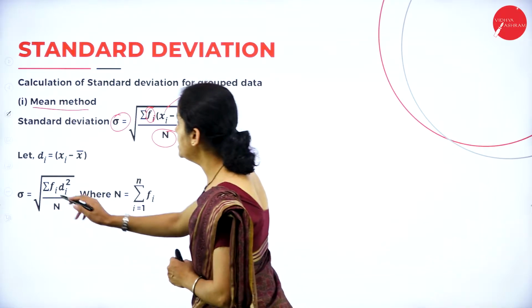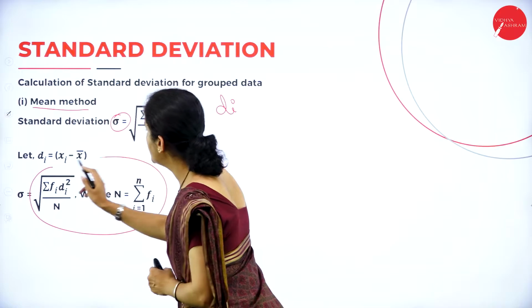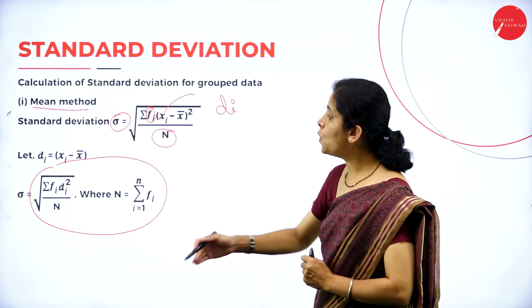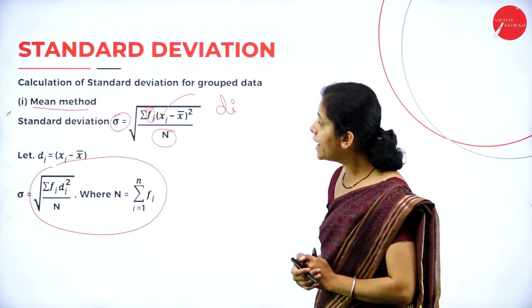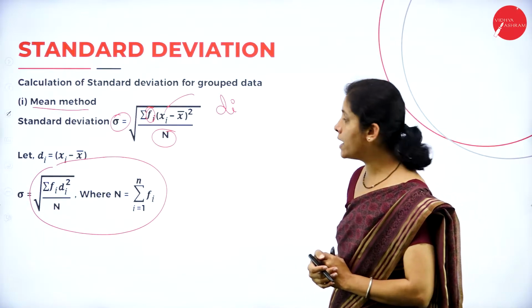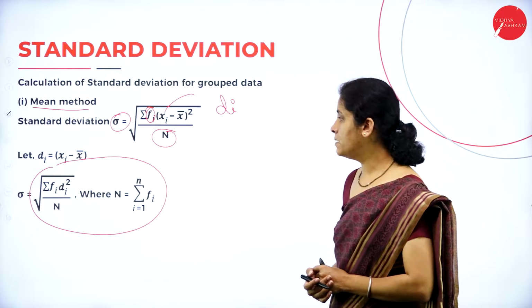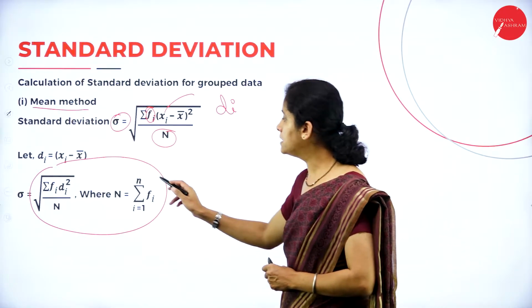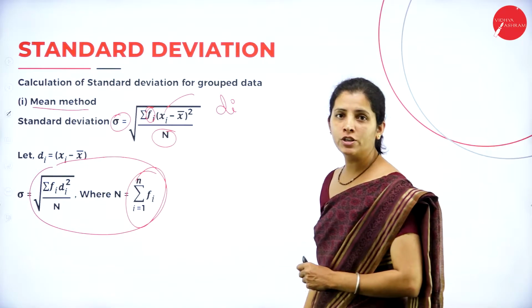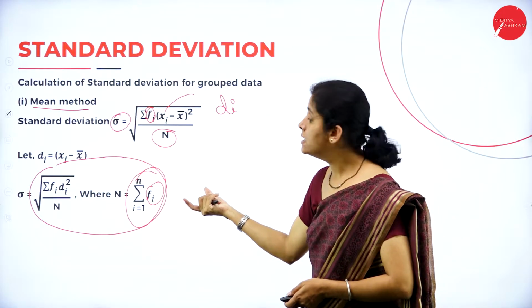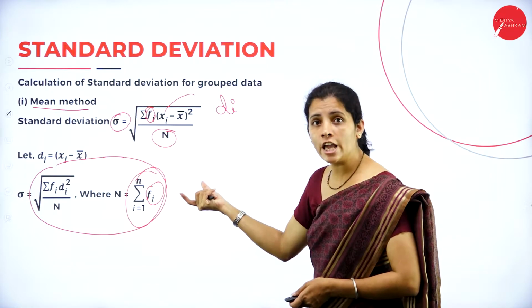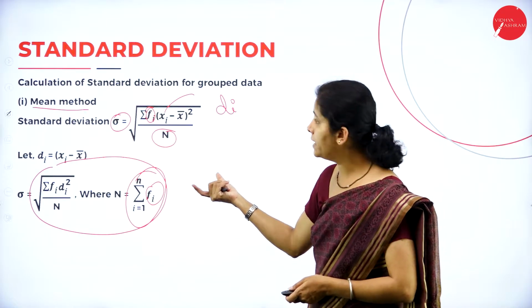So dear student, see, this is the simplified formula, that is whole square root of sigma or summation of fi di square by n, where n is nothing but the summation of fi. What is fi? That is nothing but the frequency of the element.